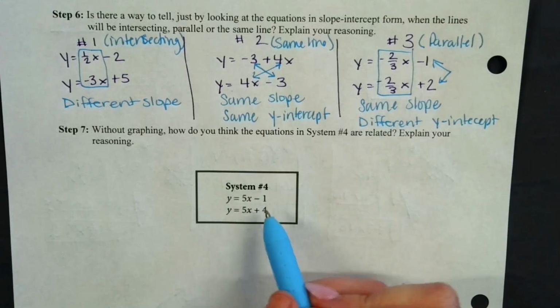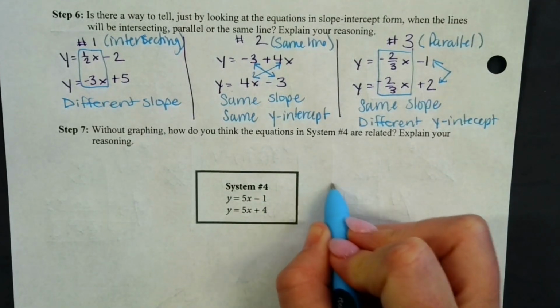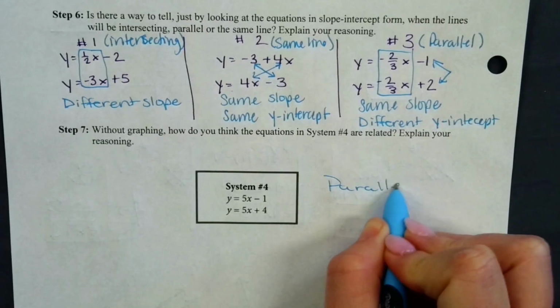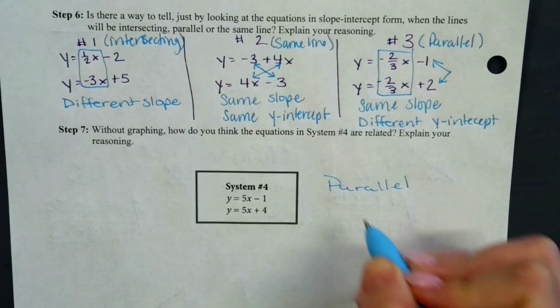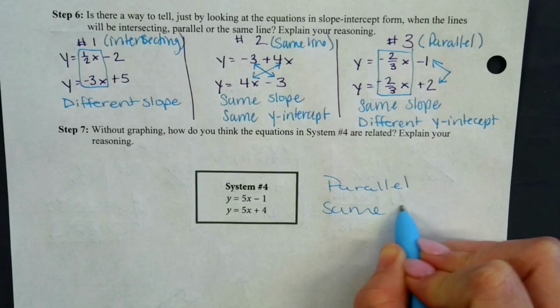Okay, so what do we say that system 4 is? Parallel. And how do I know it's parallel? Same slopes, but different y-intercept.